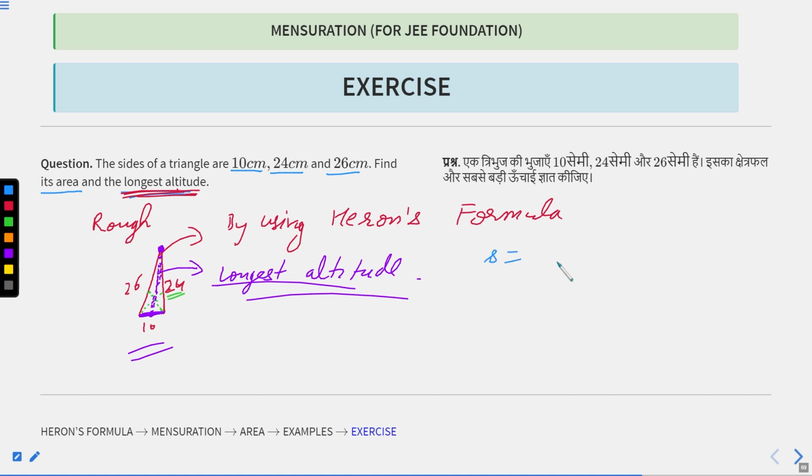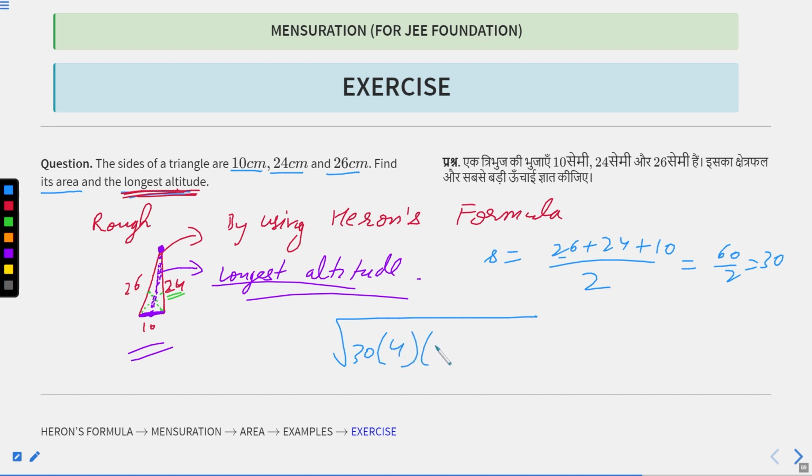So what will be my s? s is 26 plus 24 plus 10, which is 26 plus 24 is 50, 60 by 2, which is equal to 30. Now using Heron's formula, 30 minus 26 is 4, 30 minus 24 is 6, and 30 minus 10 is 20.